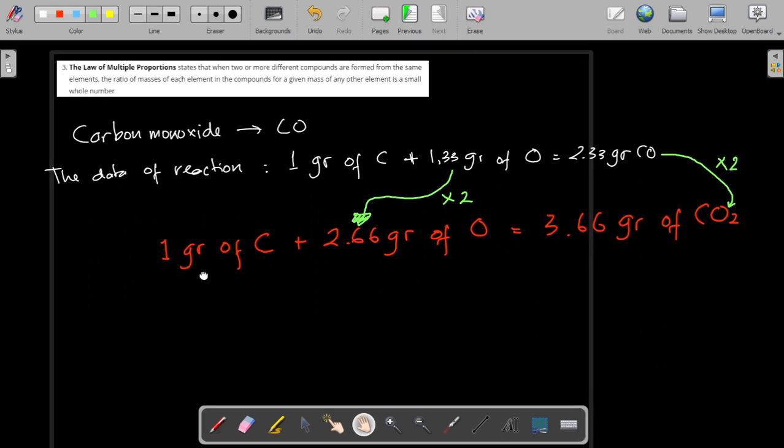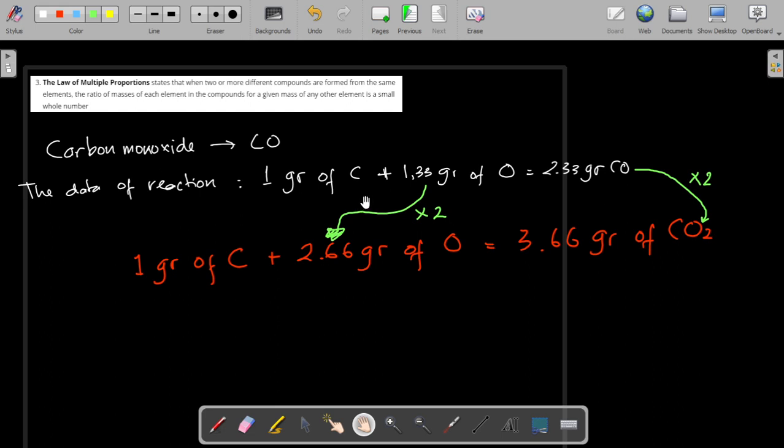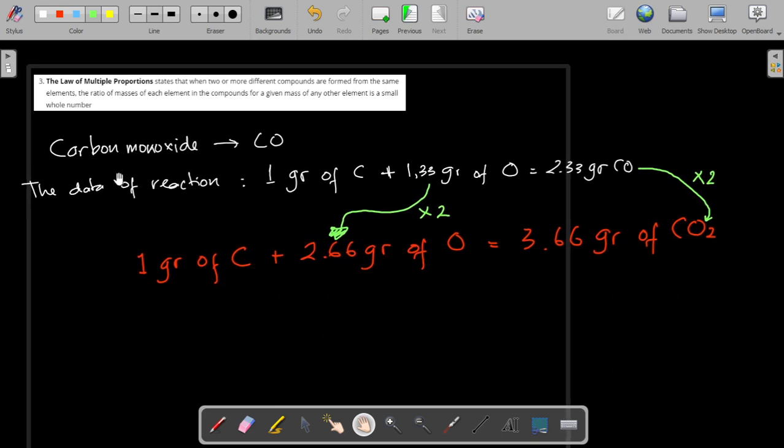Based on the data we have, if we react 1 gram of carbon with 1.33 gram of oxygen, we get 2.33 gram of carbon monoxide. But if we multiply this, we get CO2, and the proportion is still the same.